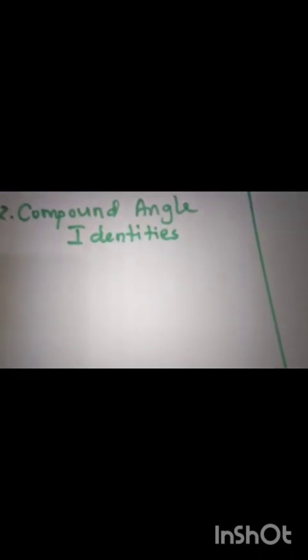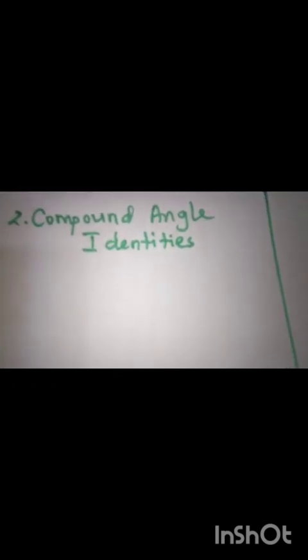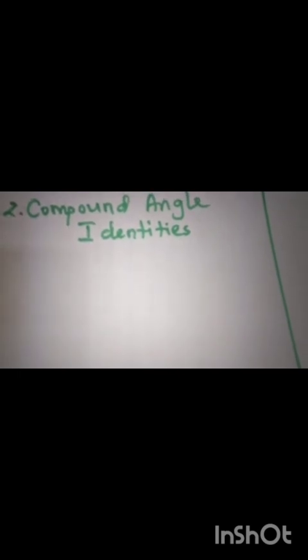Compound angle identities here means if you have, for example, two angles A and B, it is often useful to express sine A plus B, cos A plus B, and tan A plus B. Those are compound angles. So how then do we have these identities? These compound angle identities work for any angles A and B put together.